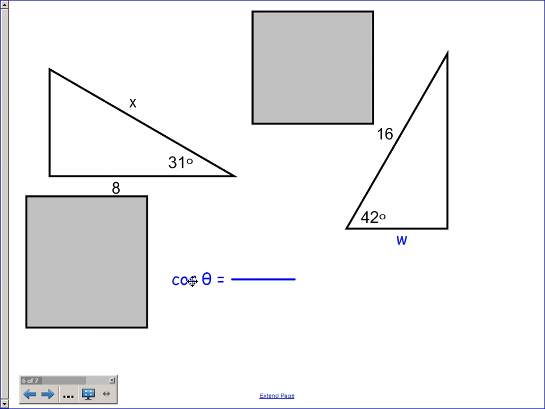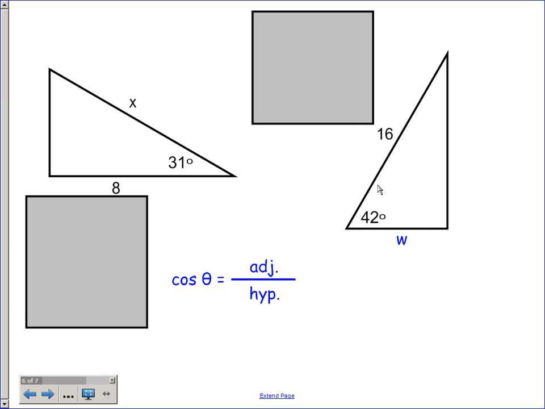And finally, the cosine of an angle is defined as the adjacent side over the hypotenuse. And so in these triangles, you'll see that I know something about the adjacent side and the hypotenuse. And then those angles are labeled. And so up here, we'll start with this one.